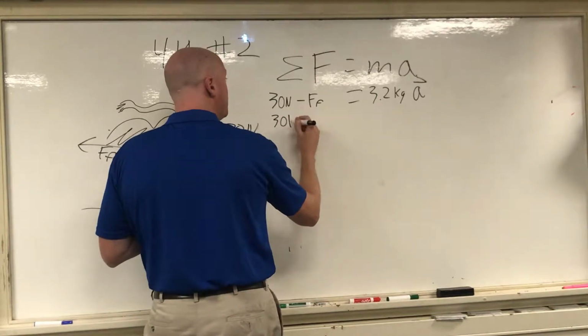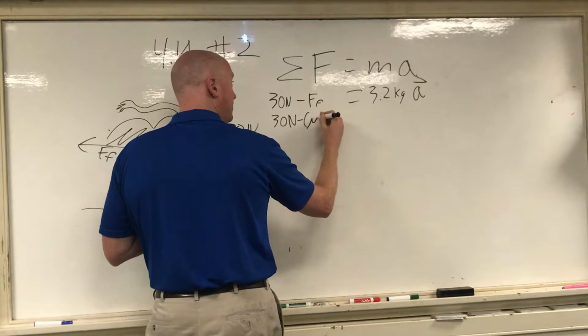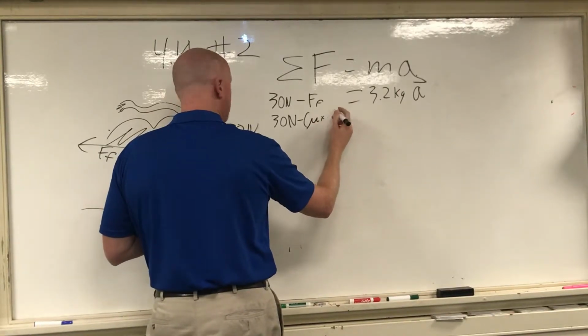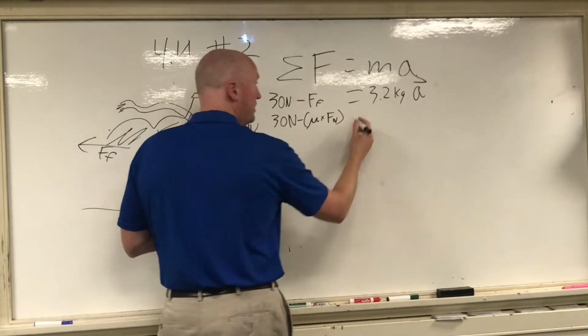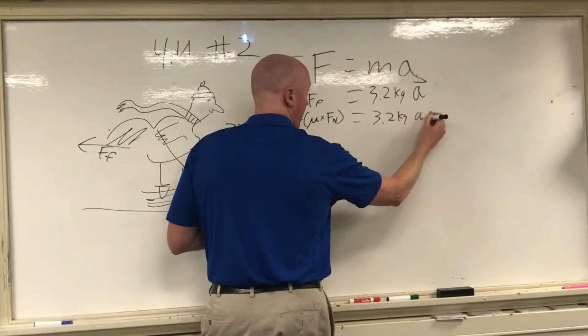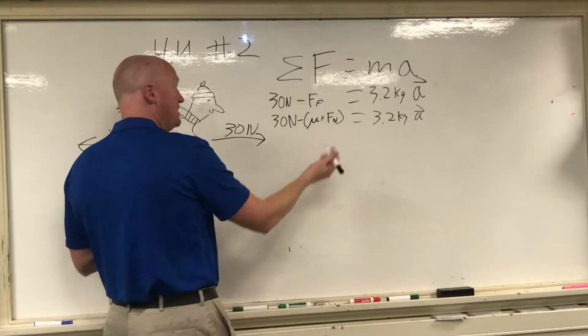Now, if you'll recall, the force of friction is actually the coefficient of friction times the normal force. Now on level ground, the normal force is going to be equal to the weight.